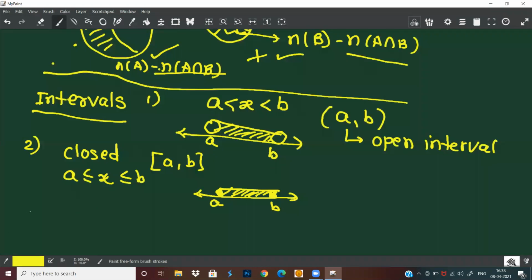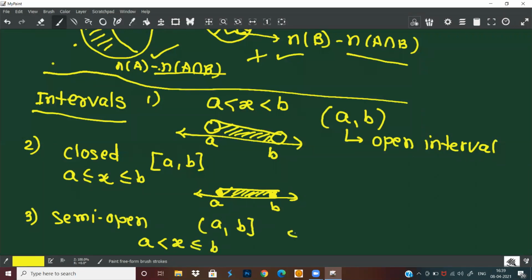And the third is, we can call it semi-open or semi-closed. मतलब एक side बंद, एक side closed. Suppose I want to write like this, मतलब A is not included because यहाँ circular है, but यहाँ rectangular. So if I want to draw a number line, A will not come, but B will come. And every real number between A up to B will be an element of the set.